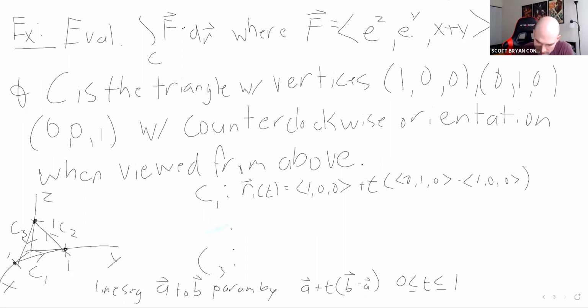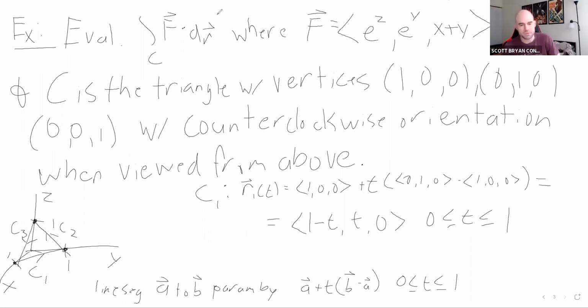Bringing this together as a single vector, in the first component we have 1 plus t times 0 minus 1, so 1 minus t. The second component is 0 plus t minus 0, so t. And the third component is 0 plus 0. And t goes from 0 to 1.